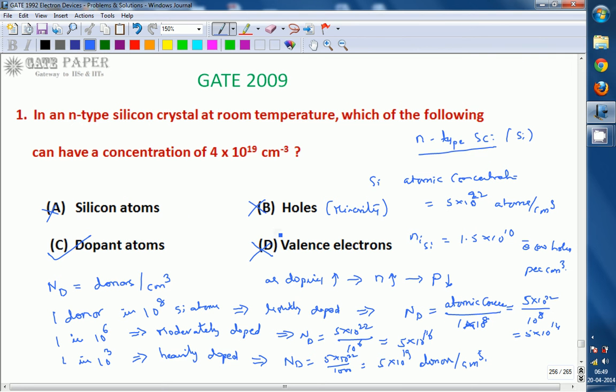Then why is valence electrons the wrong answer?